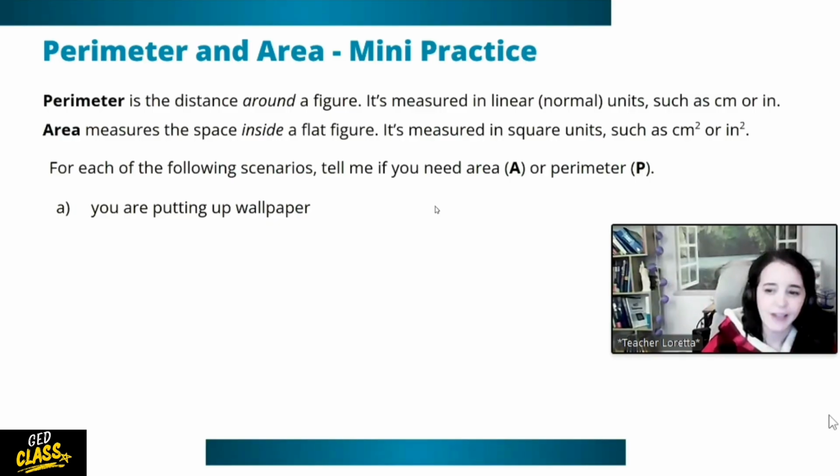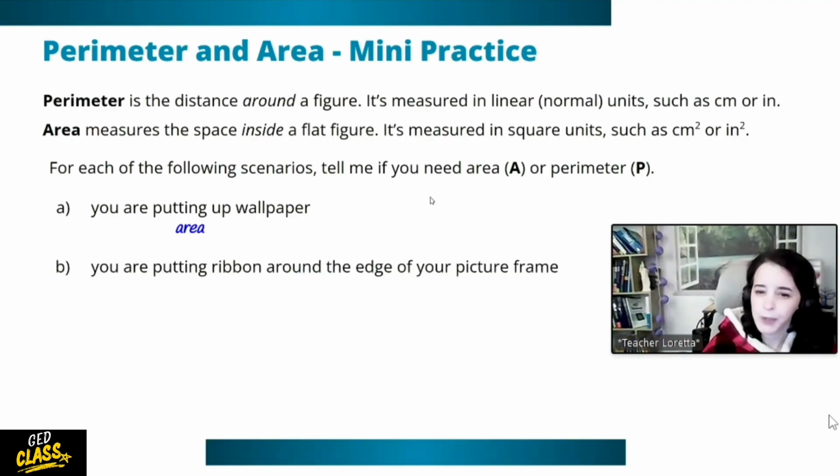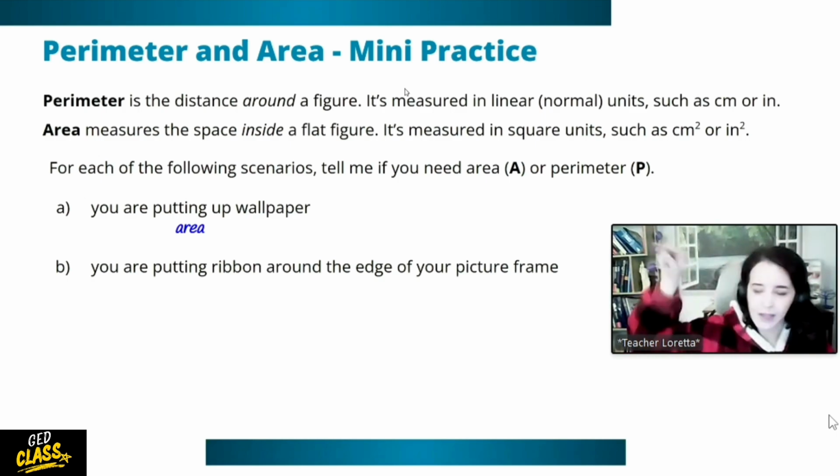You need to think about how much space it's covering, right? Not just the edges, but the space. That's area. Now, what if you're putting ribbon around the edge of a picture frame? Is that area or perimeter? Yeah, that's perimeter.